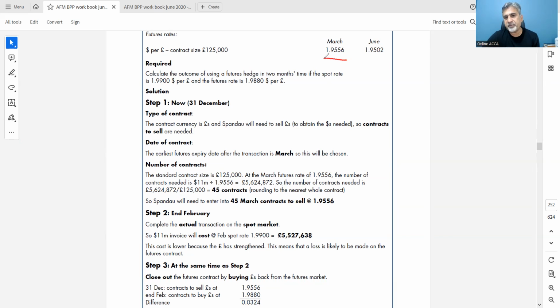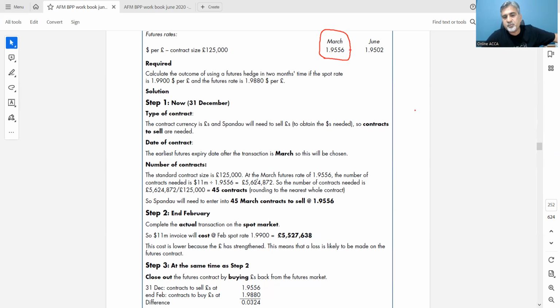Because you enter at this rate, you will be selling sterlings at this rate. So how many sterlings do you need to take out from the bank and sell at this rate to get $11 million? On that date, 2 months later, I actually need 5.624 million sterlings out of my bank. Notionally, it will not be out of the bank, but imagine I take it out from my bank, give it to someone at this price and get $11 million.